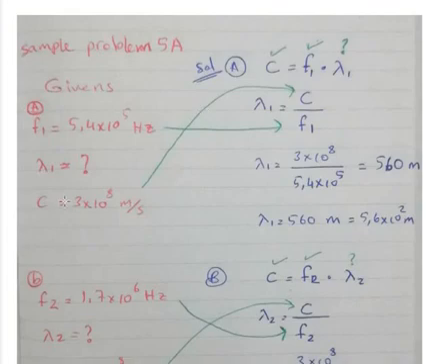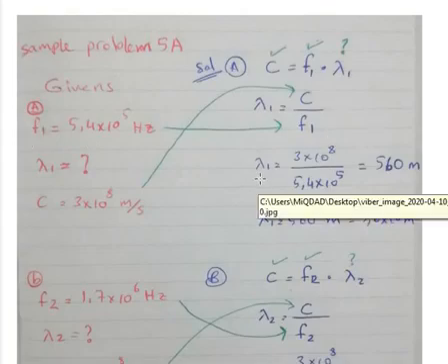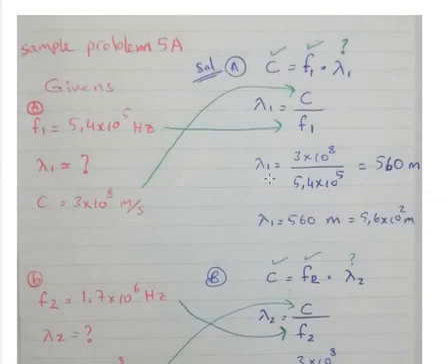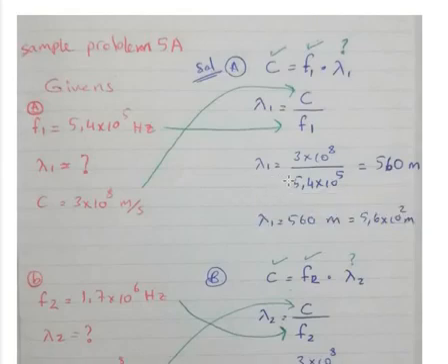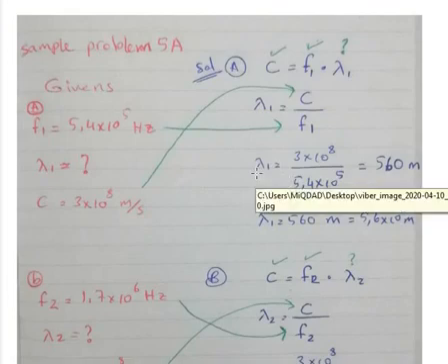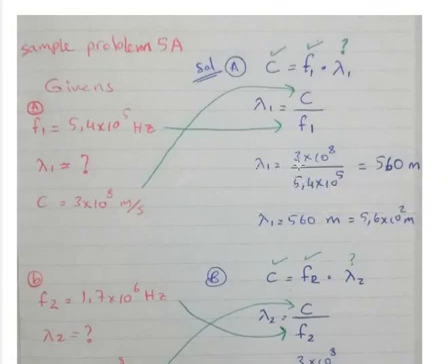So we will replace the numbers now. We have the speed of light here, we will put it in here, and we have the frequency here, we will put it in instead of F1. By dividing those numbers, lambda 1 is equal to 3 times 10 to the power 8 over 5.4 times 10 to the power 5.